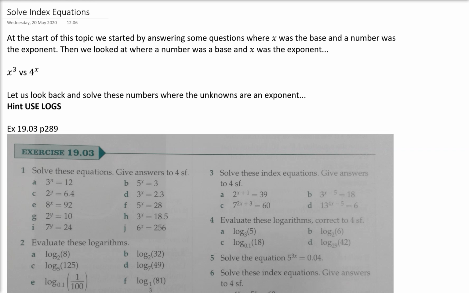And when x is the exponent, that's when you're going to have to use logs. Unless it's a nice, easy one that you know the answer to, like 4 to the power of x is 16. Okay? So this is what we're going to start doing now.